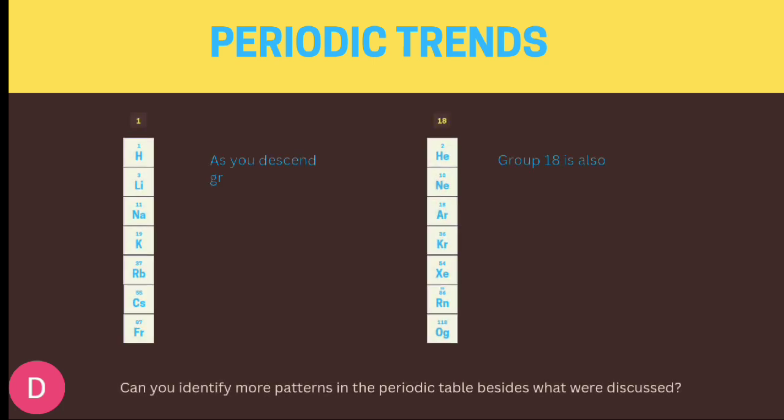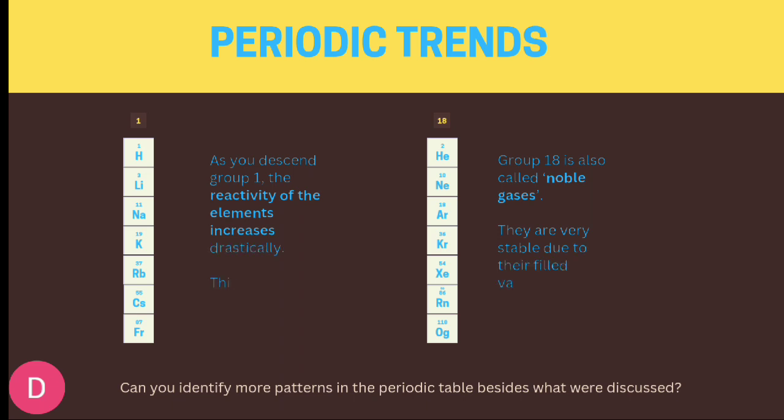As you descend group 1, the reactivity of the elements increases drastically. This is due, in part, to the increasing effective nuclear charge.